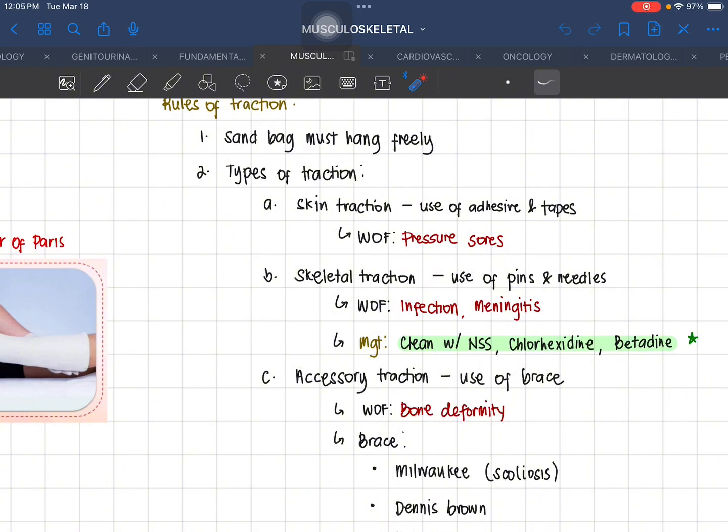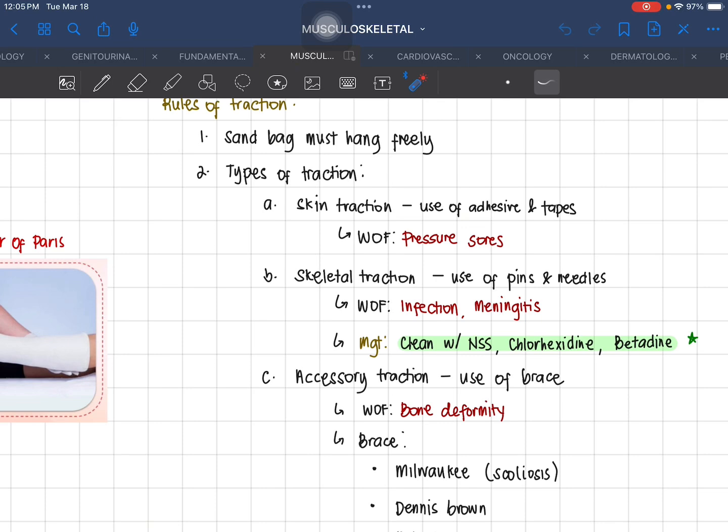Again, sa skeletal traction, to manage it, we should use NSS for cleaning and chlorhexidine and also betadine.